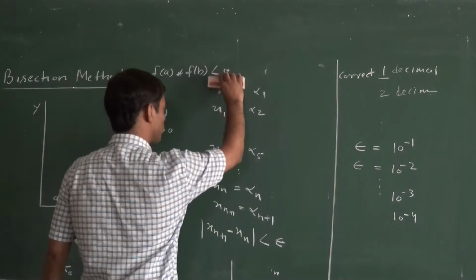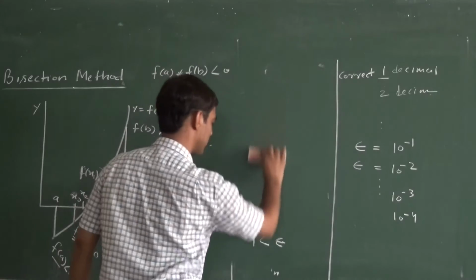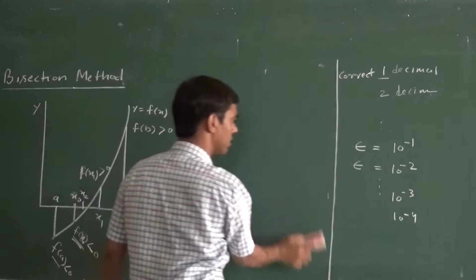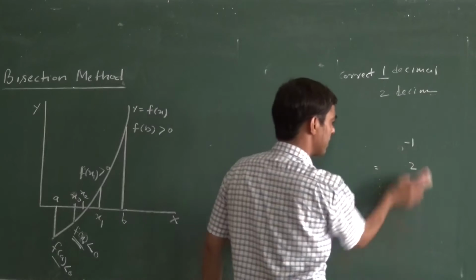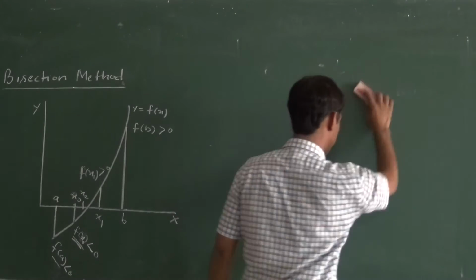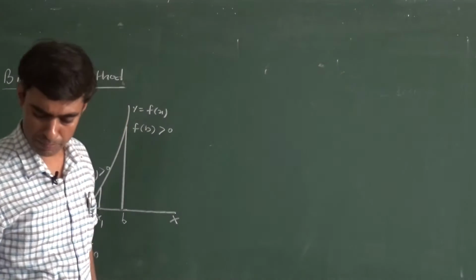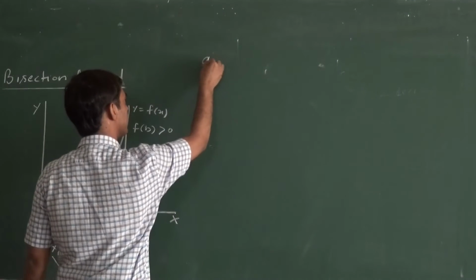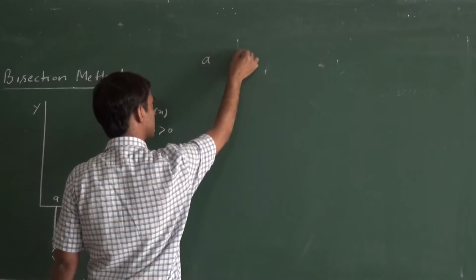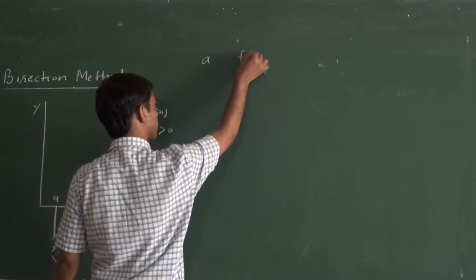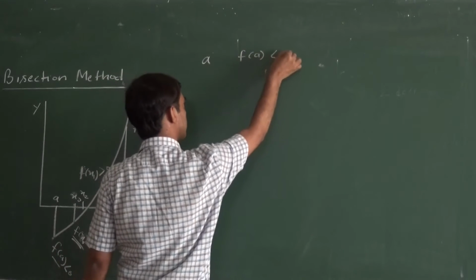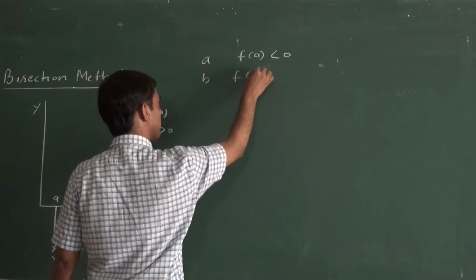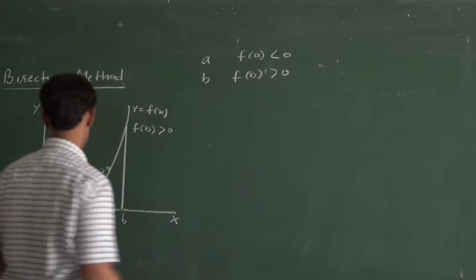Now, we try to find an expression in terms of EPS and the initial values, A and B. What is the meaning of this? We have A where f of A is less than 0, and B where f of B is greater than 0.